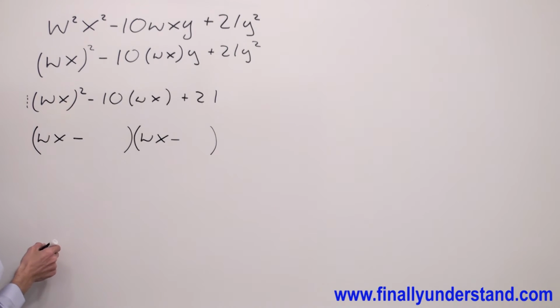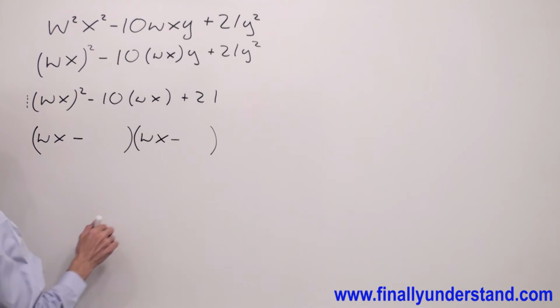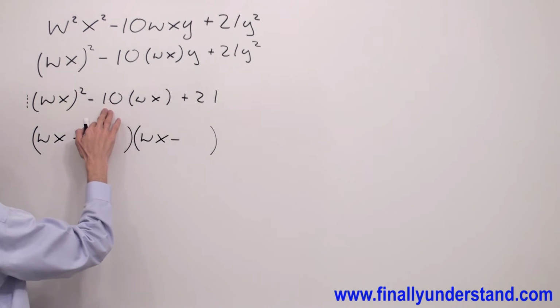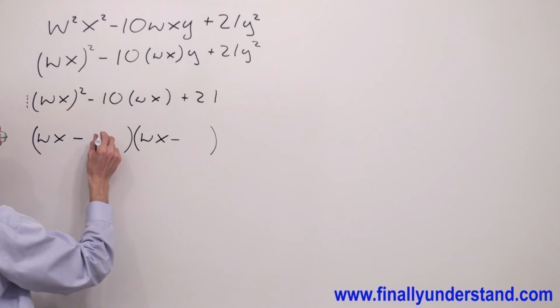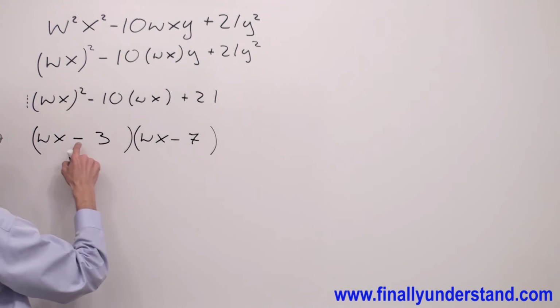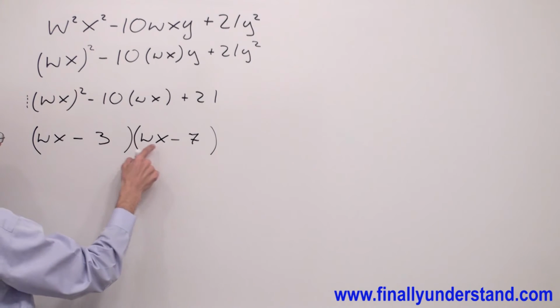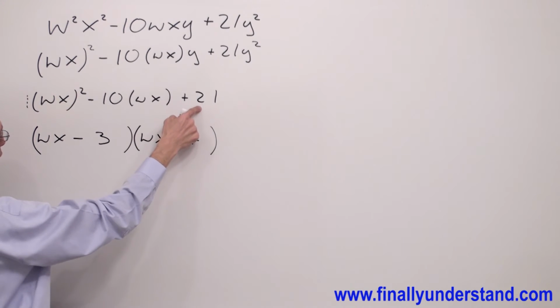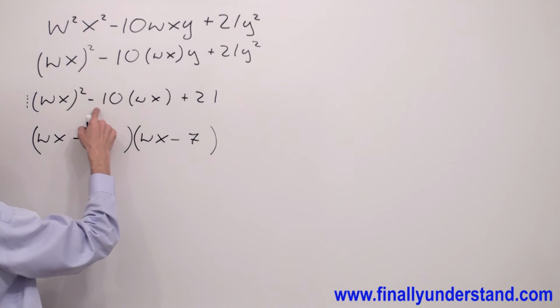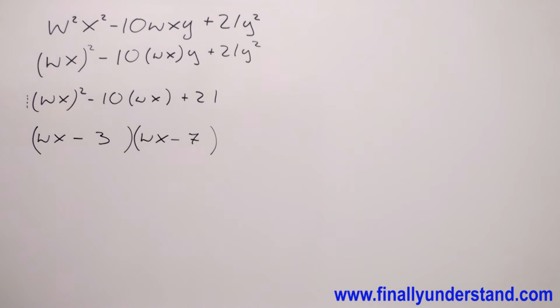Next, I have to ask myself what numbers multiplied by each other are going to give me 21 and added to each other are going to give me negative 10. These numbers are negative 3 and negative 7. Negative 3 times negative 7 gives me 21. Negative 3 plus negative 7 gives me negative 10. Someone is going to say that this is the end of the problem.